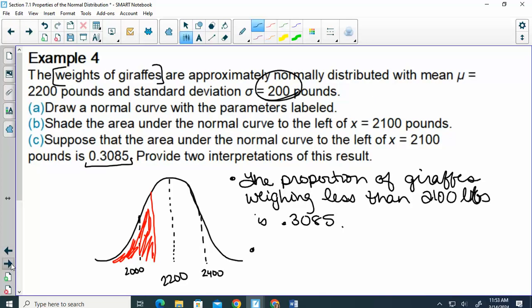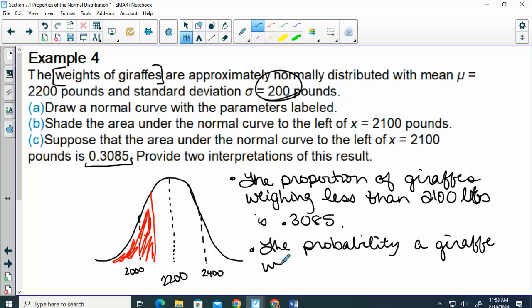So you can use it to describe your population or for a probability. Proportion describing the whole group, or the probability for one particular giraffe.